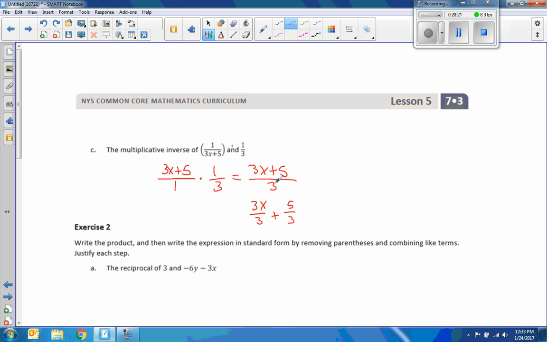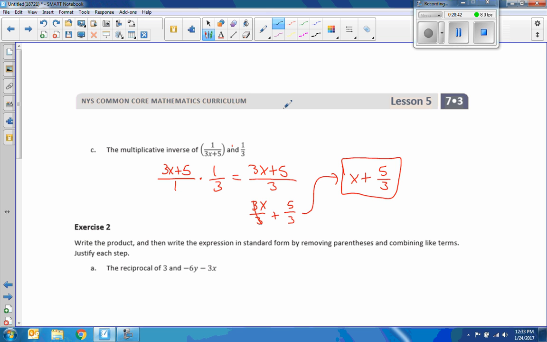I can take the denominator and put it under each term of my numerator. That's what that means. So I can rewrite it like this. And then I can see that the 3's cancel because 3 over 3 is 1, and I get my final answer to be x plus 5 thirds.